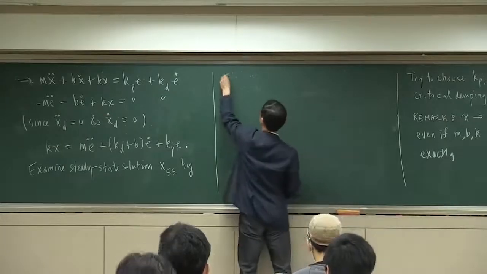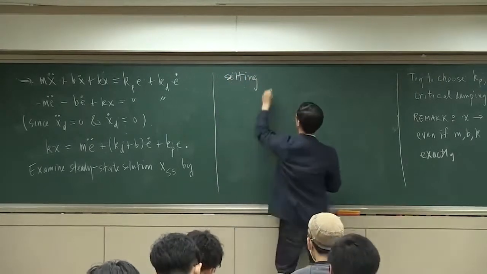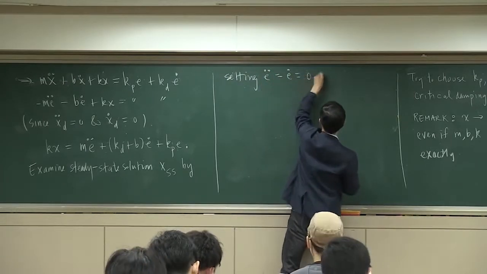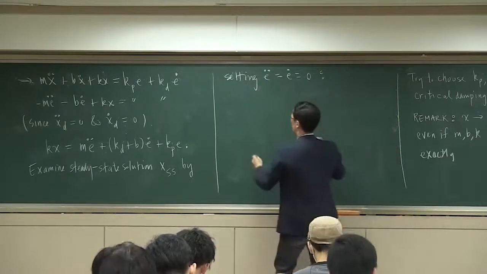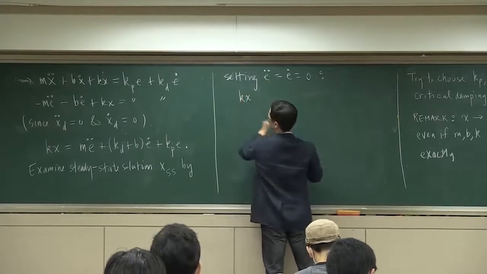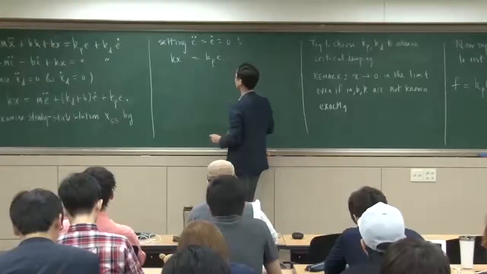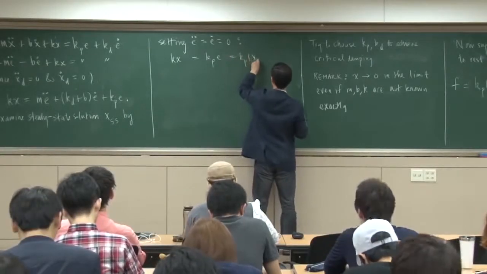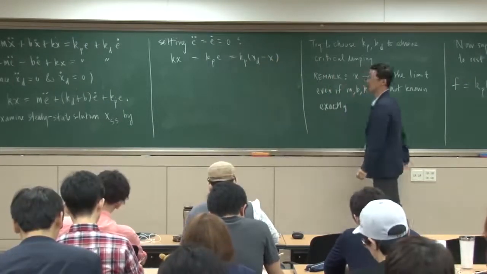By setting E double dot and E dot equals 0, if you do that, you get k times x is equal to kp times E. And remember, E is xd minus x.